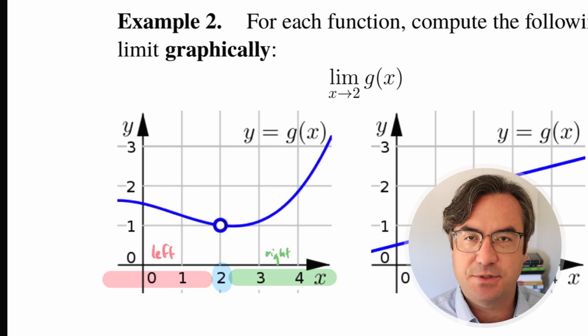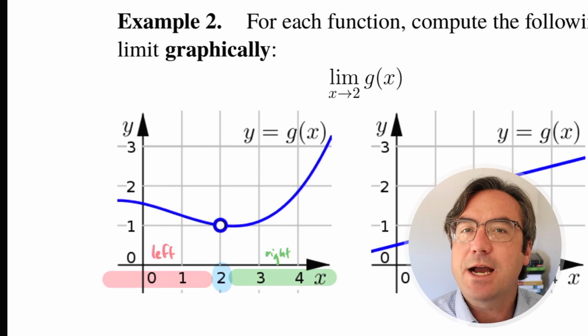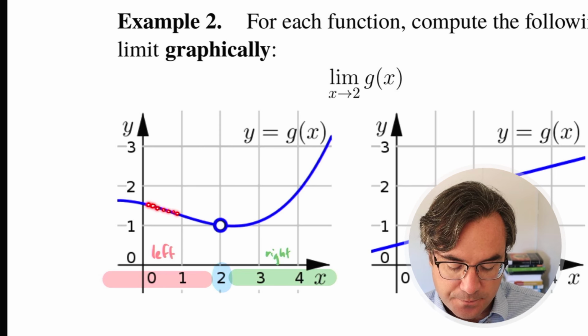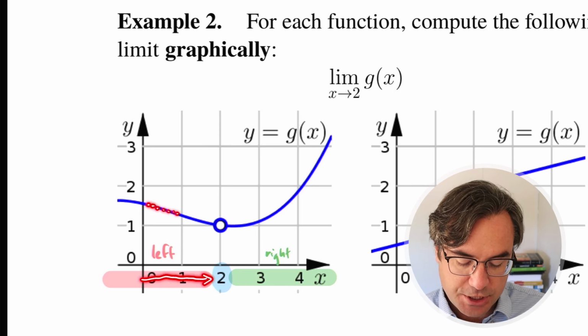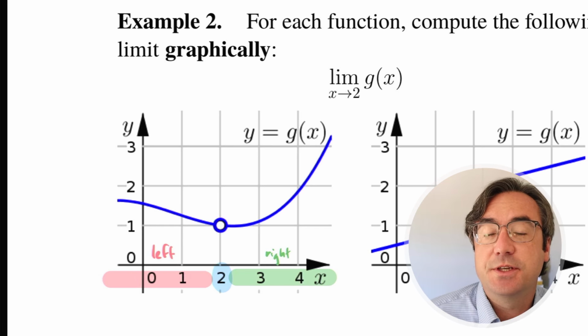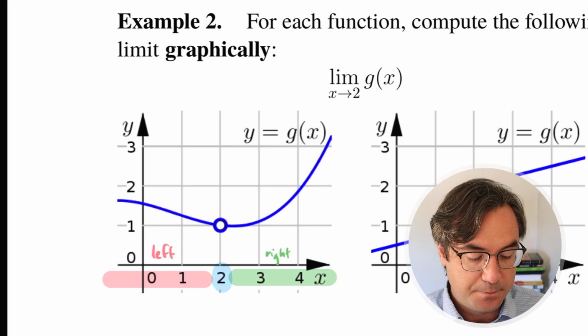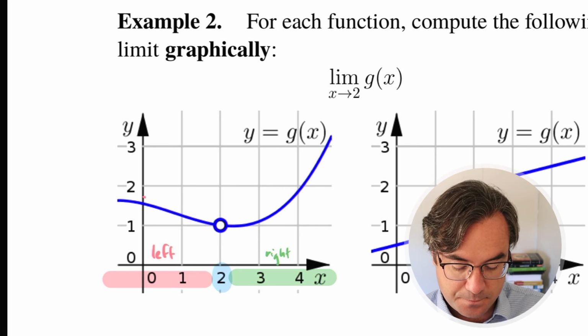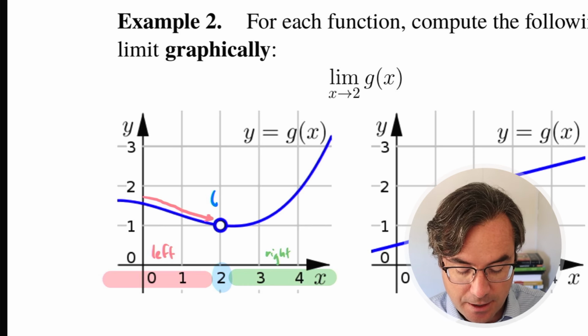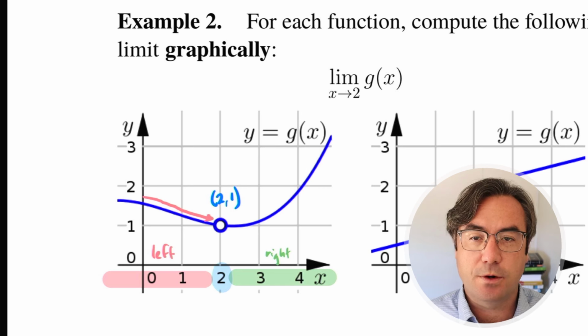What the limit describes is, where are we actually going? As we walk along this curve, as x is approaching 2, it looks like we're getting closer and closer to this point right here. The coordinates for that point are, the x-coordinate is 2, the y-coordinate is 1.